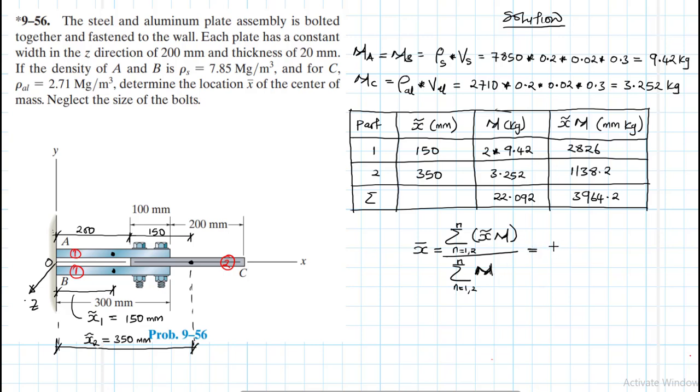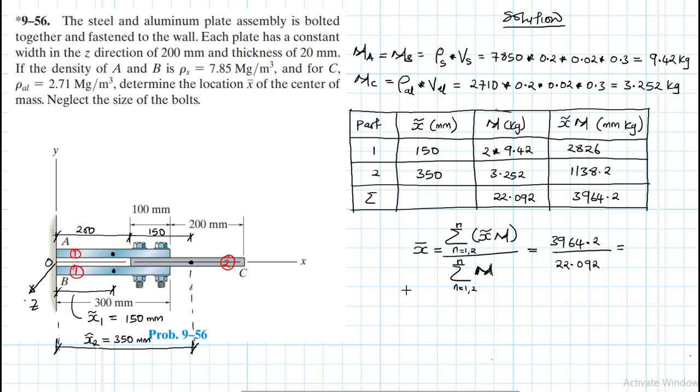So this is going to be equal to 3964.2 divided by 22.092.